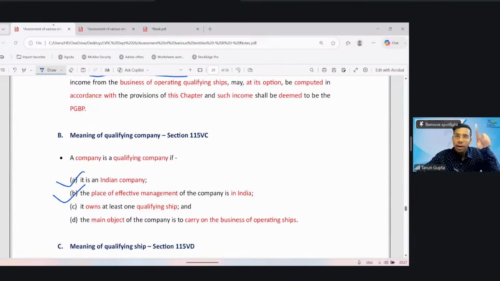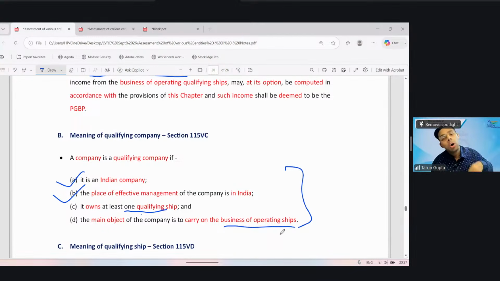So the company should be an Indian company, it has POEM in India, it owns at least one qualifying ship, and the main object of the company is to carry on the business of operating ships. If a company fulfills all these conditions, then it's eligible for this scheme.